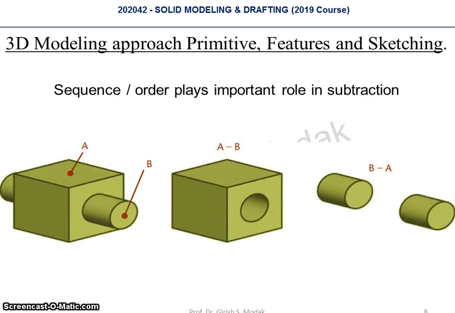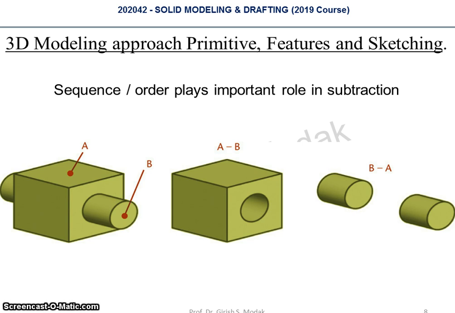Similarly, here this block shows one cylinder passing through a cube. So A is the cube, B is the cylinder.